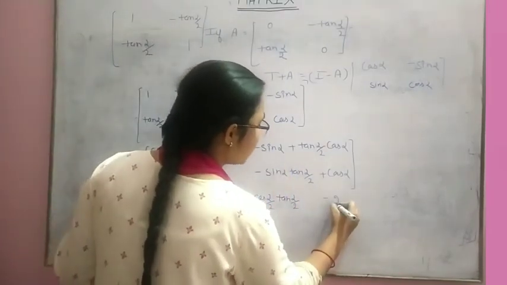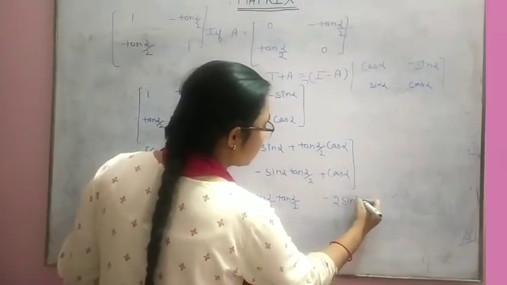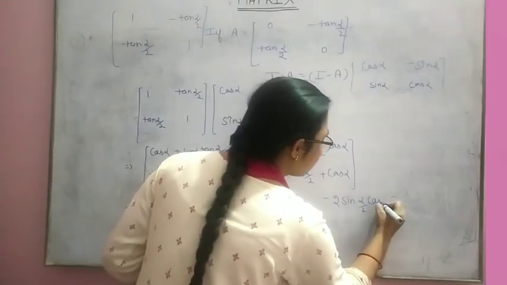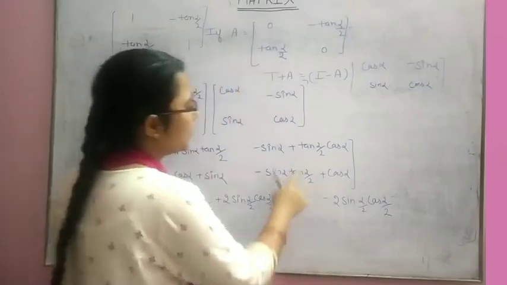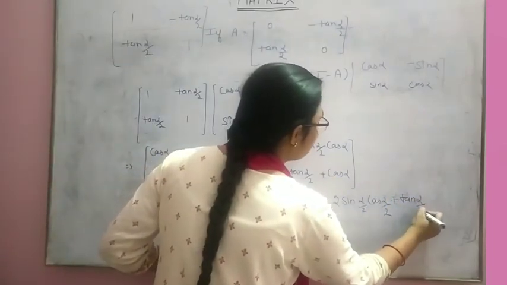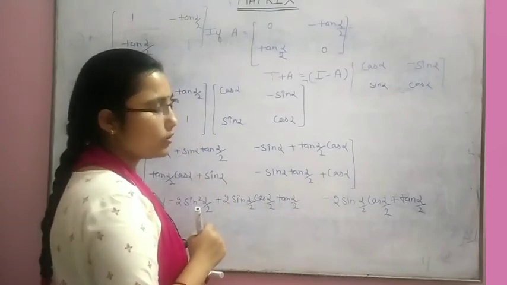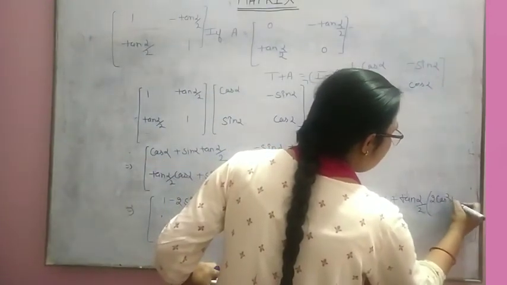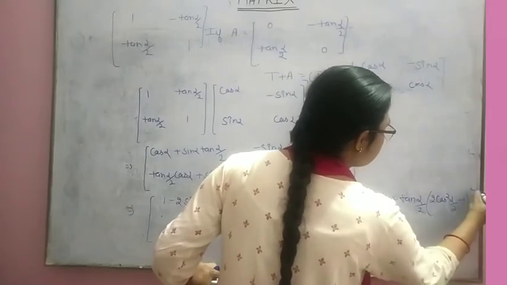Again, minus sin alpha is written as minus 2 sin alpha by 2 cos alpha by 2, plus tan alpha by 2 times cos alpha, which is also written as 2 cos square alpha by 2 minus 1.